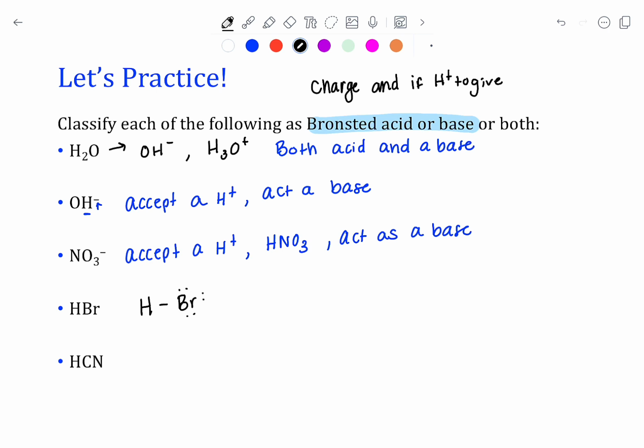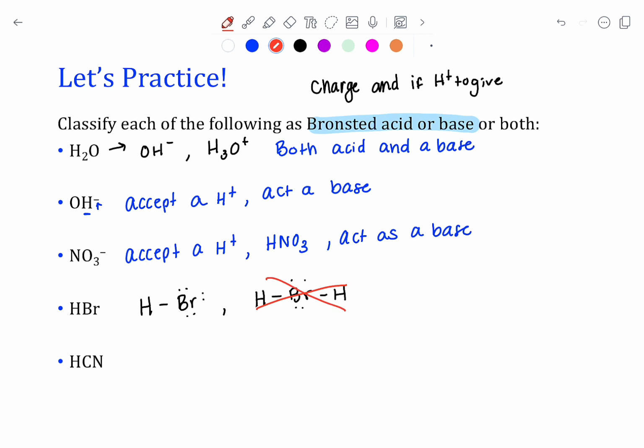okay, with 3 lone pairs around it. Bromine and all of our other halogens prefer to only make one bond. So it's not likely that we are going to accept a hydrogen and create H2Br. We're not going to do that because that's not preferable to our halogens.